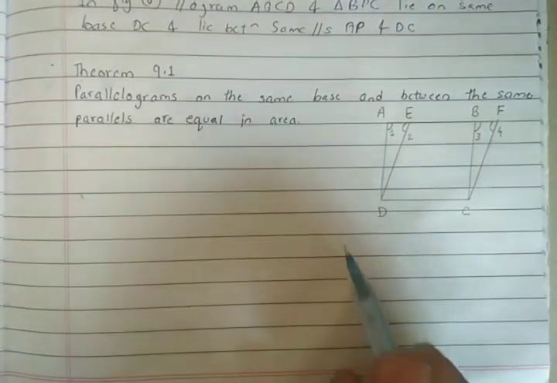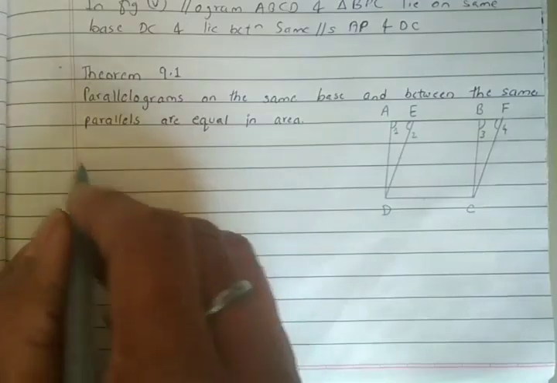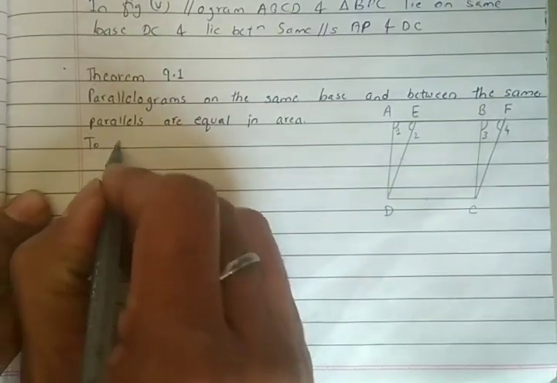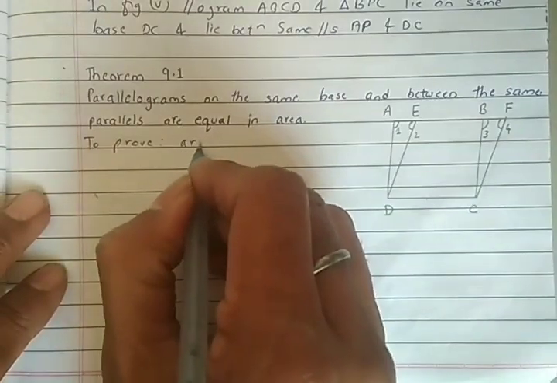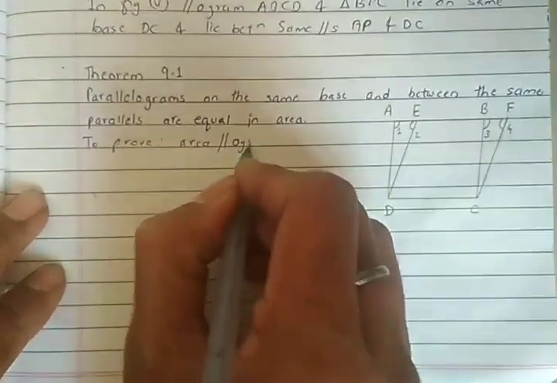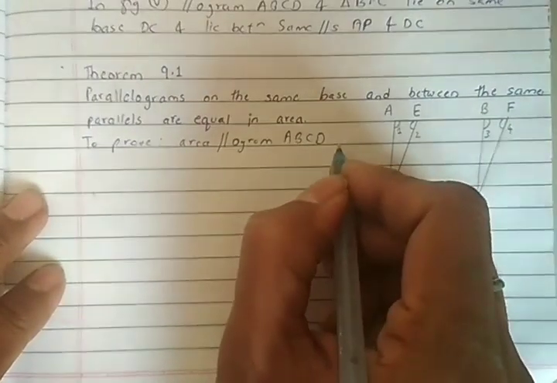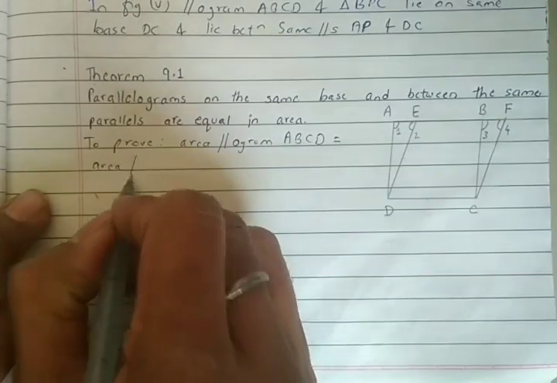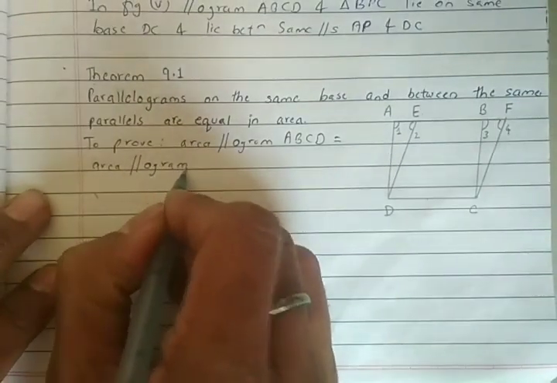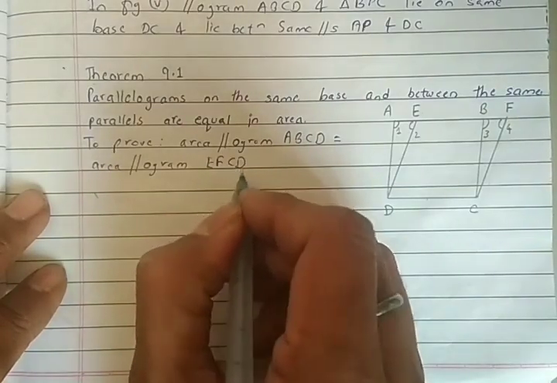So how will we start proving? First of all, what is to be proved? We'll write it. To prove: area of parallelogram ABCD equal to area of parallelogram EFCD.